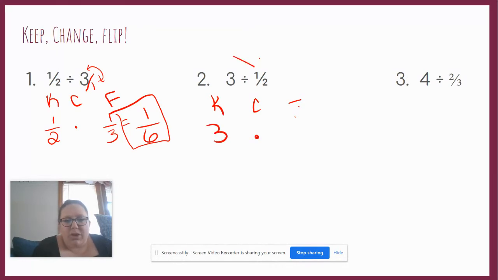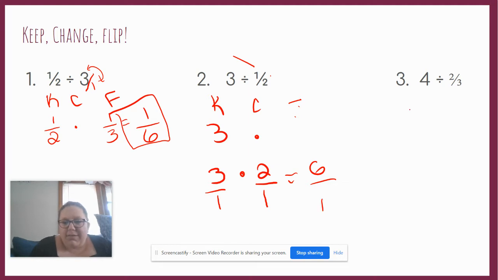Change to multiplication, 1/2 flips. 3 times 1/2 would become 2 over 1. 3 goes over 1 as well. 3 times 2 is 6. 1 times 1 is 1. So 3 divided by 1/2 would be 6.